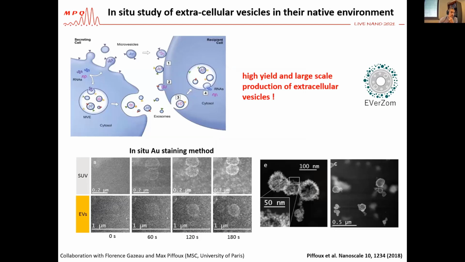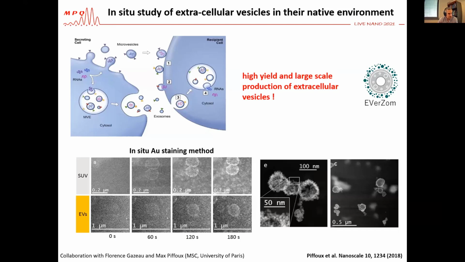And we worked on imaging extracellular vesicles under physiological conditions, so in cellular buffer. Extracellular vesicles are vesicles from micron to nano size, which are involved in the communication between cells. And they have also a great potential for biomedical applications ranging from cancerology to regenerative medicine and drug delivery.